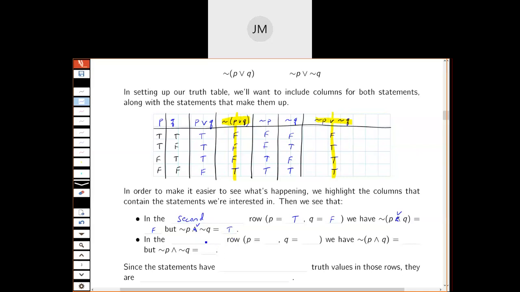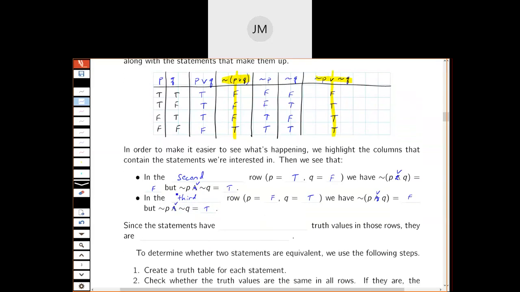And in the third row, which is where P is false and Q is true, right, in my third row, again, they don't match, right? So the not P or Q is false, the not P or not Q is true. Okay, since these two statements have different truth values in these rows, they are not equivalent.